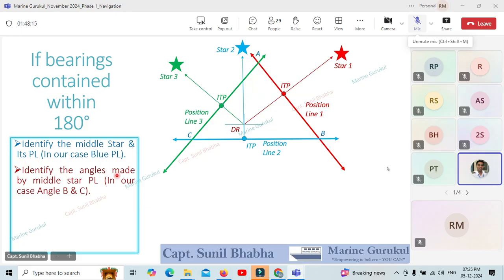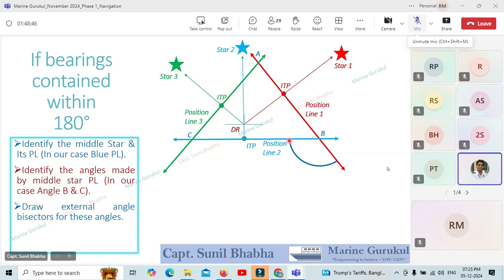We have identified the angles which are involved with the middle PL, in our case angle Bravo and angle Charlie. And now we are going to draw the external angle bisectors for these angles. Now this angle which you see in the diagram, this is known as the external angle Bravo. It is outside the triangle and it is called external angle Bravo.